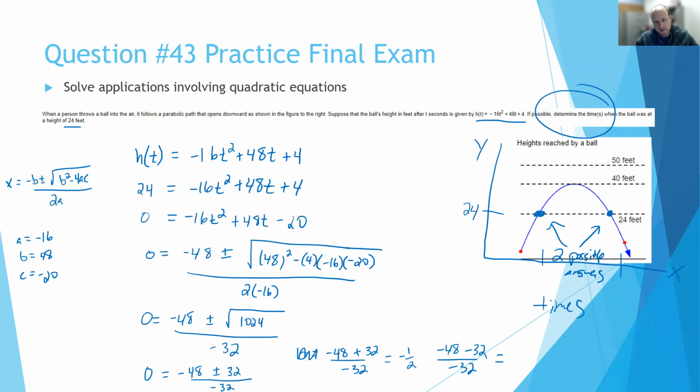Yes, that actually does give us a positive 5/2, or 2.5. So at what times is the ball going to be 24 feet up in the air? It's going to be 24 feet at 0.5 seconds and 2.5 seconds.